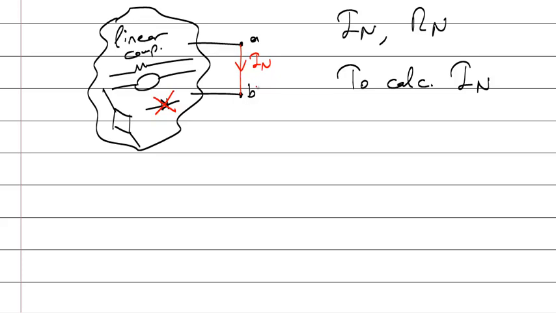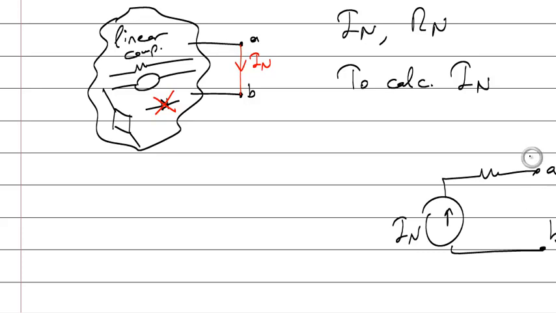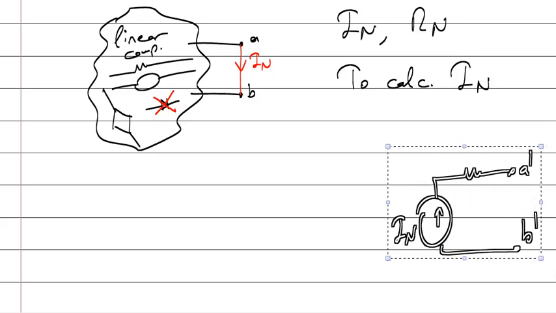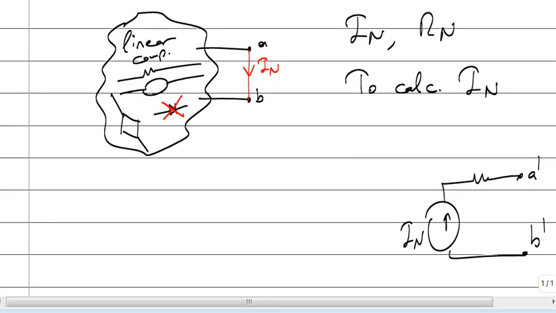The value of that current will be the value of I Norton, between A prime and B prime. Okay, so it's not very difficult.